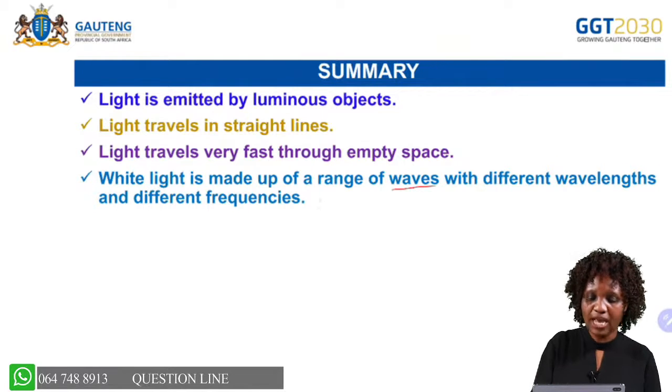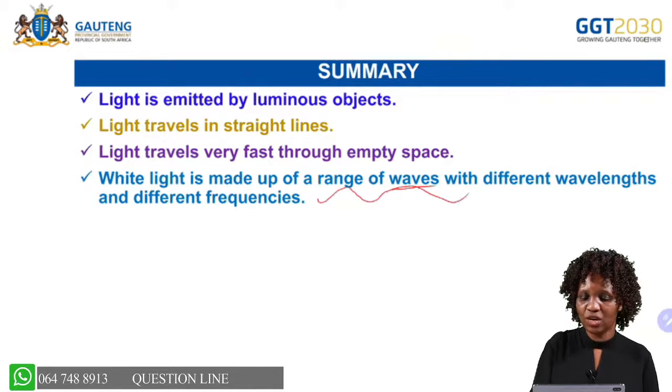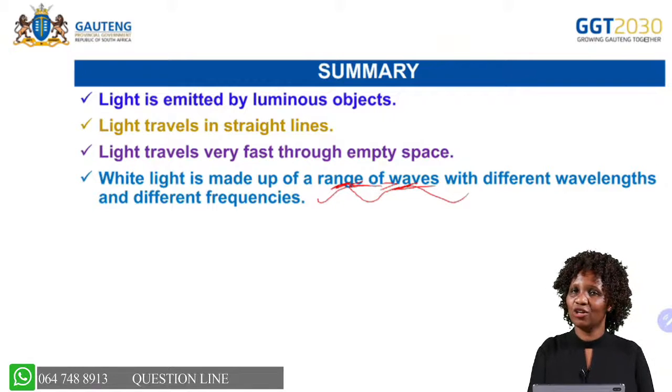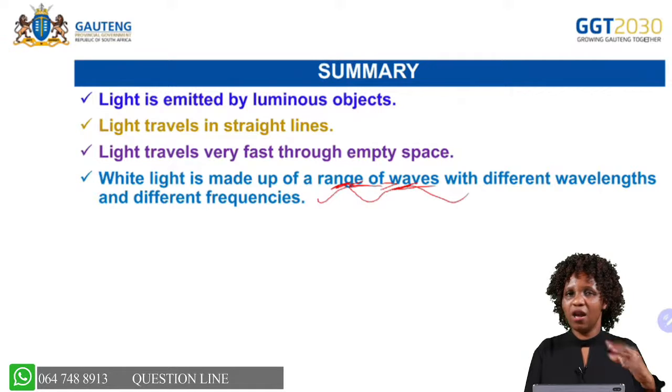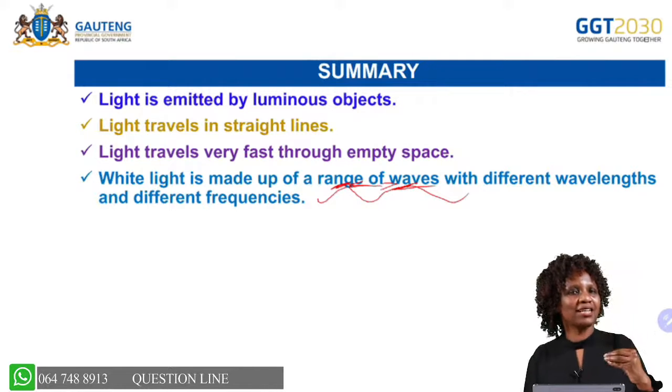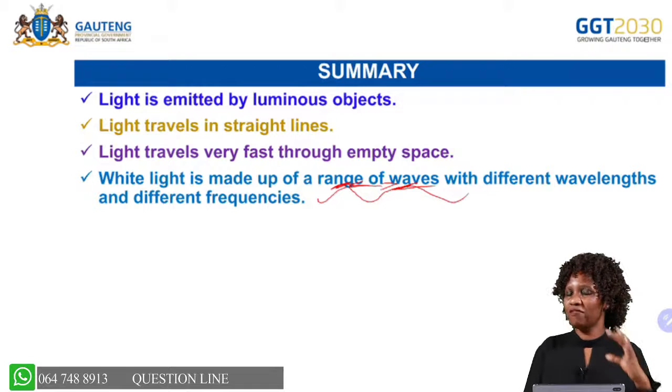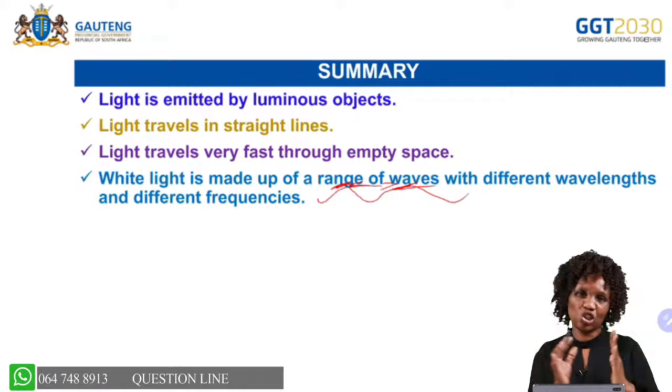For example, if I may draw the wavelength of red, you can see from this crest up to this crest, if you draw a line here, this is the distance. Okay. Then the wavelength is long. But for some colors like indigo and violet, the wavelength is short.